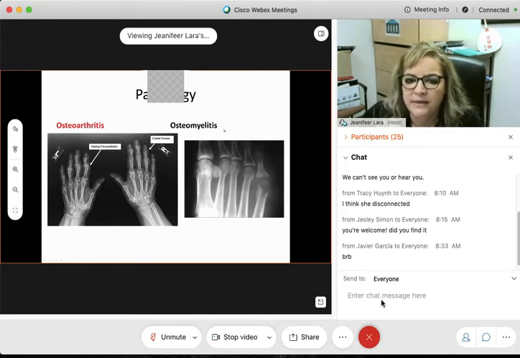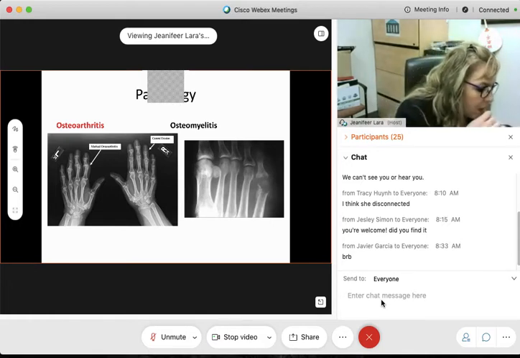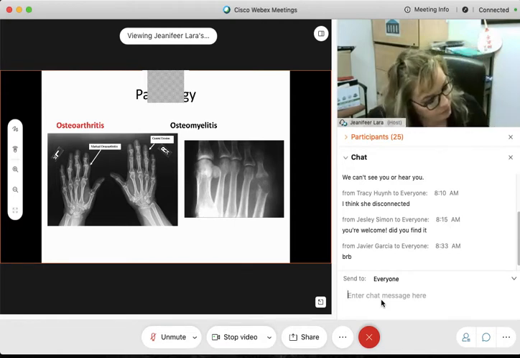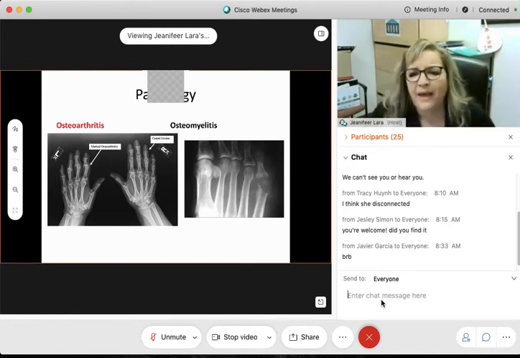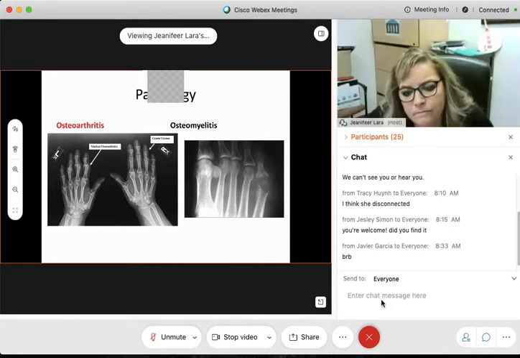Osteomyelitis. Esaias, read it for me. Is that like infection to the bone? Mm-hmm. Why? Where do we get an infection to the bone? How do we get that?